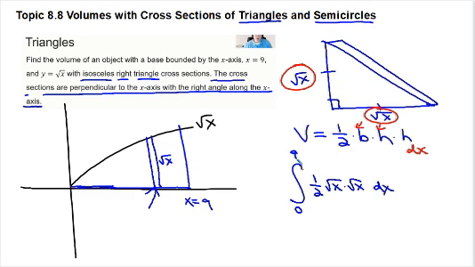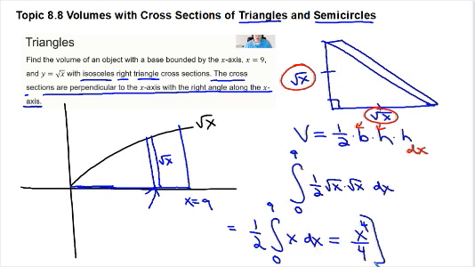And of course, the square root of x times the square root of x is x. So this is 1/2 the integral from 0 to 9 of x dx. All right? So antiderivative, this one's pretty easy. x squared over 2 times 1/2 makes it x squared over 4.